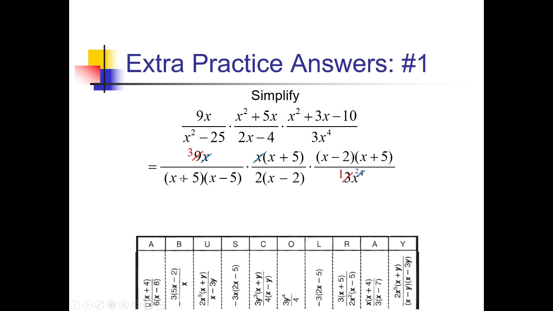Next up, this x plus 5 and this x plus 5 can cancel out. Or this x plus 5, I guess it doesn't really matter which one. The x minus 5 is going to have to stay. There's nothing for that. The x minus 2, however, can cancel out this x minus 2. And is there anything else that we haven't crossed off? I think that's it.